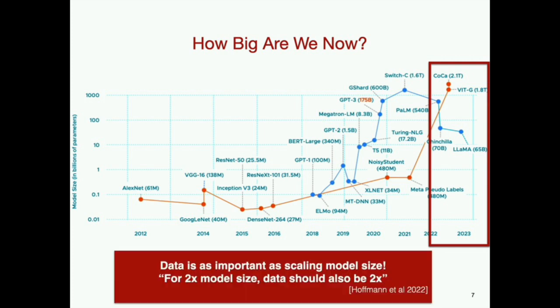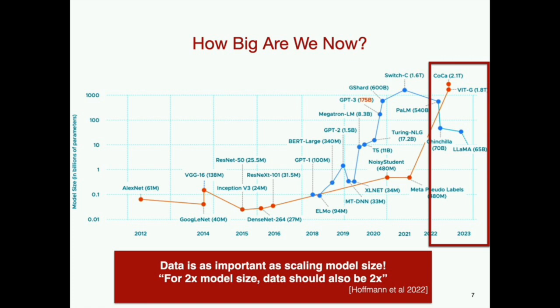What happened was that there was another paper from DeepMind in 2022 that says that if we want to get the optimal performance, and if we increase the size of our model by twice as large, we should also increase the data size proportionally, twice as much.